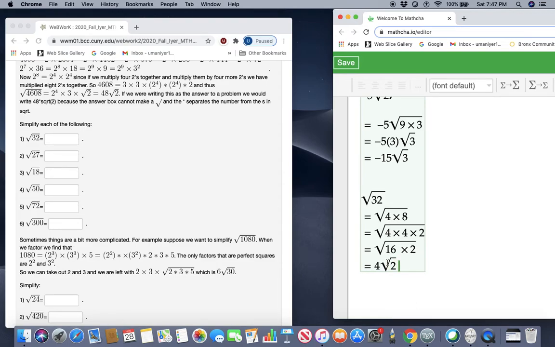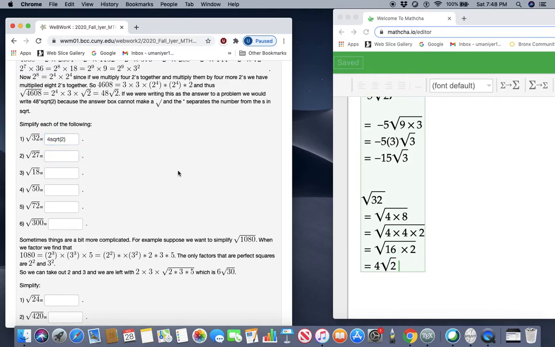So it is 4 square root 2. What cannot be improved stays inside. What can be resolved comes outside. So this is 4 SQRT 2. Square root is simply SQRT.